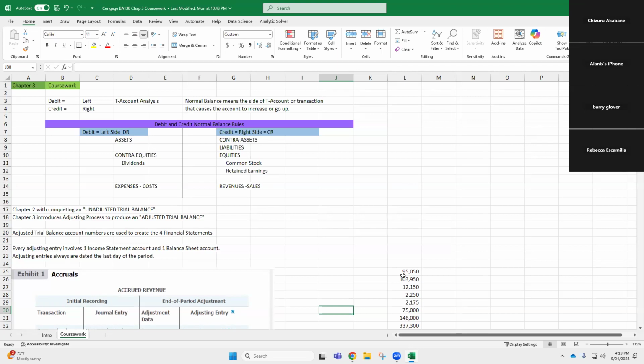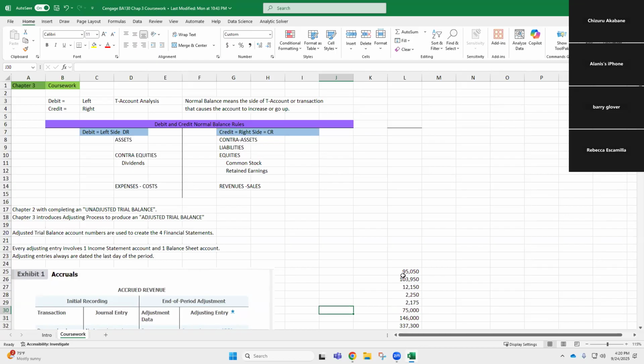So what we're doing, okay, so let me put a few notes here on the board too, or you can write on here. I want everybody to know, adjusting entries are to update the balance in accounts. It is not correcting something that's wrong. Everybody with me?